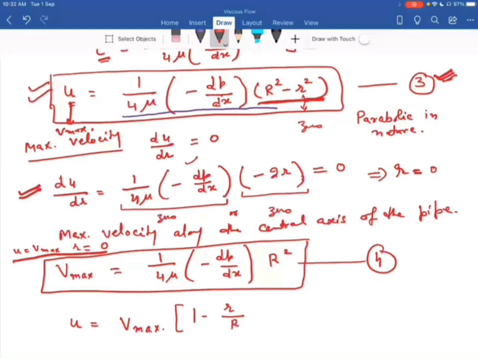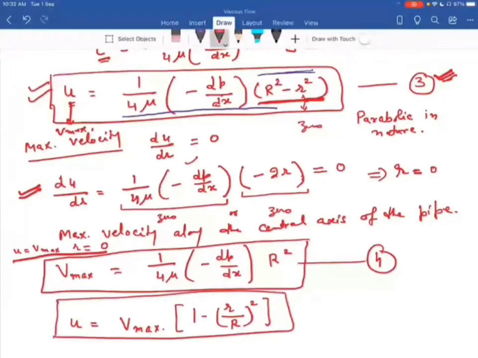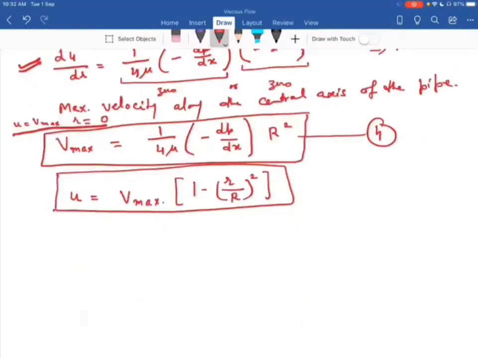From this part, I take capital R square out, so the term outside is the Vmax, and within the bracket you have 1 minus small r upon capital R, squared. So this equation is another form of the velocity profile in a circular pipe: u equal to Vmax times 1 minus small r divided by capital R, squared.